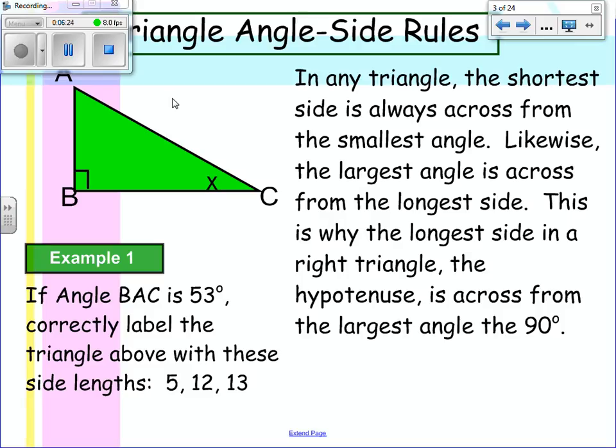Before we get into trig and start calculating angles, it's good to understand how triangles work. Triangles work based on ratios. That's how it all works. An angle is always going to create a certain side length.